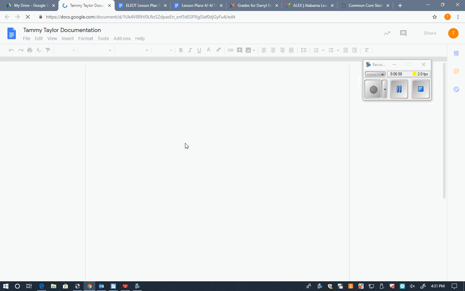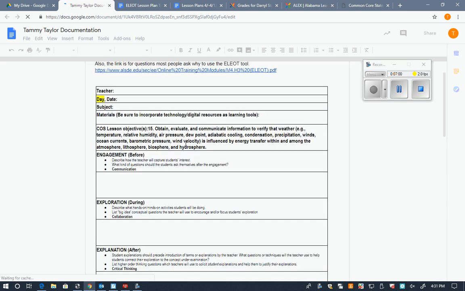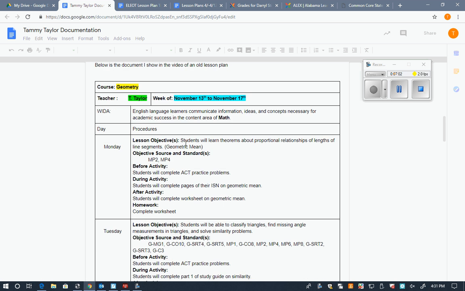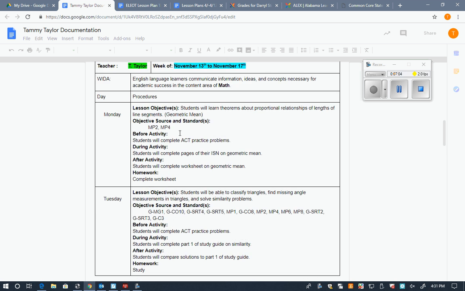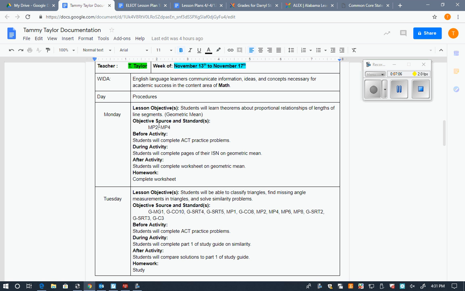I can show you this one. So this used to be our old lesson plan. It was just lesson objective, what standards are they working on, students will be able to, students will do this, students will do that. Nothing big, nothing fancy, just point blank to the point.